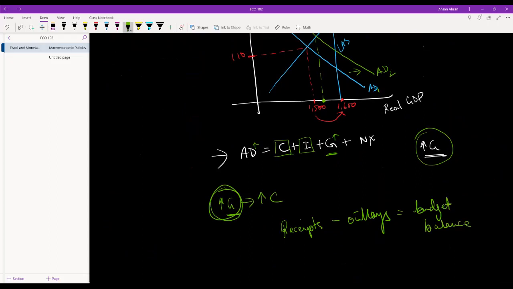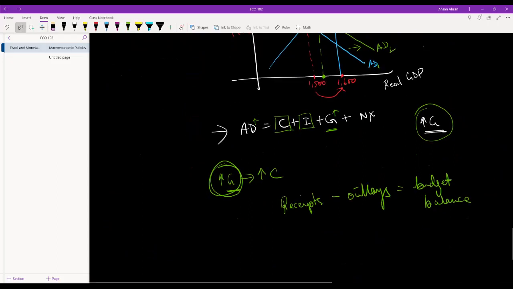Now, what we've also seen is that in most cases, the government operates on debt. Outlays are higher than receipts. On top of that, if the government wants to increase their expenditure even more, how will they do it? They must take loans.